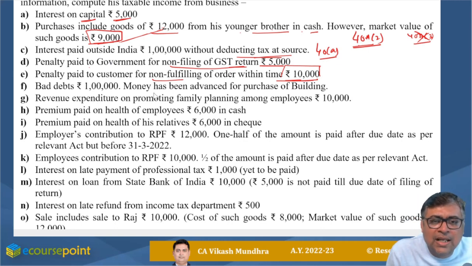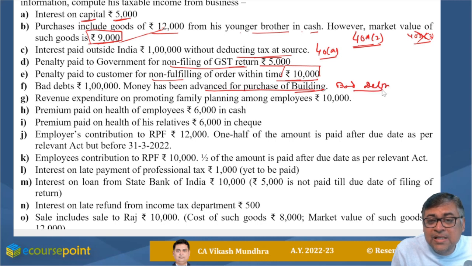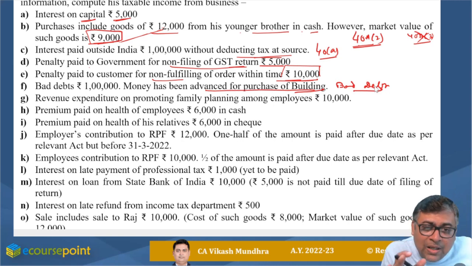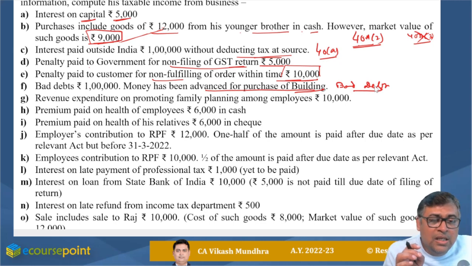Bad debt rupees 1 lakh. Money has been advanced for purchase of building. Is it considered as bad debt? What is your thinking? Bad debt means the debt which becomes bad. Here it was never shown as a debt. It was never hit my PL statement. How we create this advance for purchase of building, this was never hit my PL account.